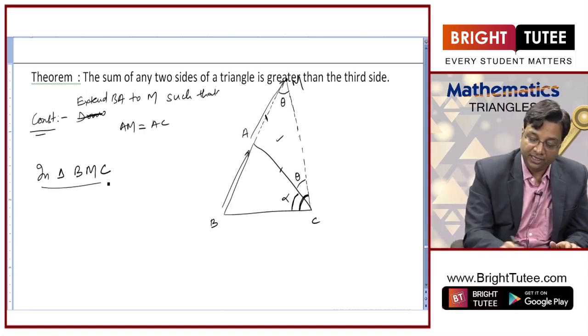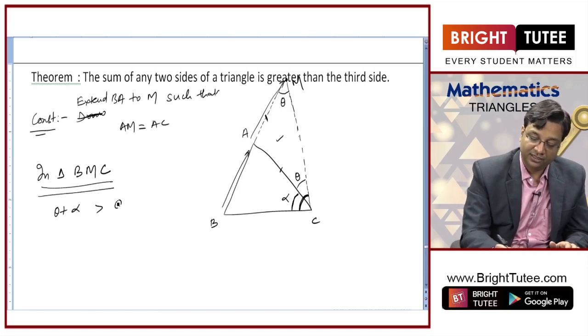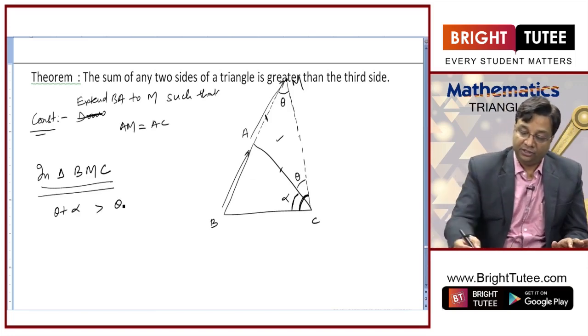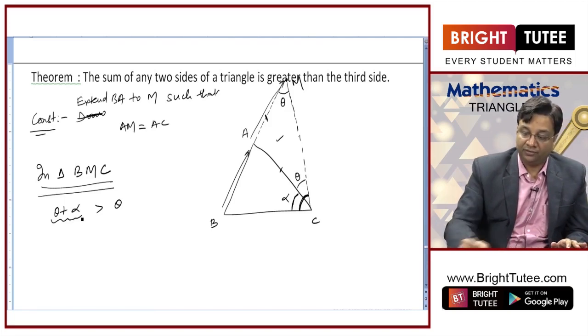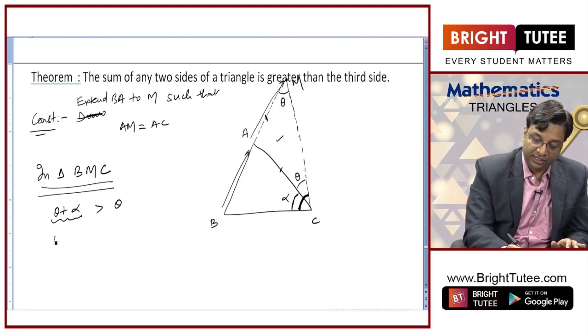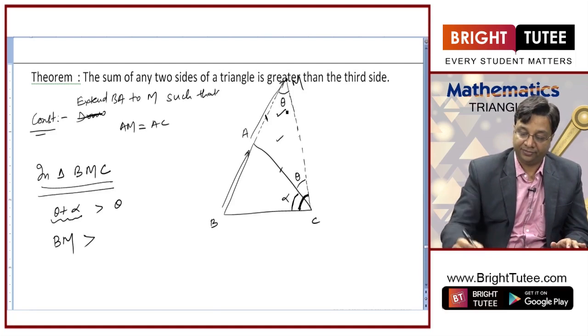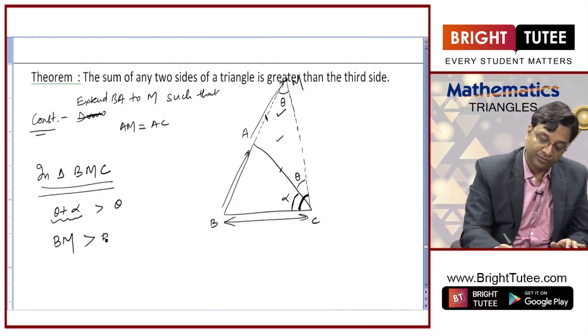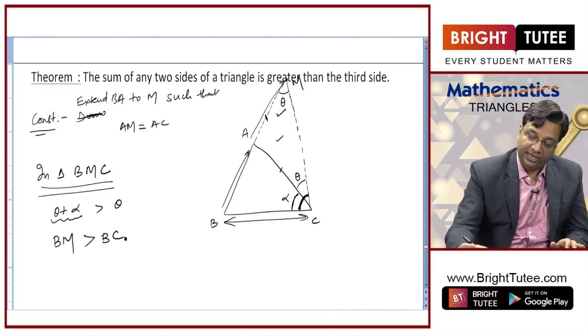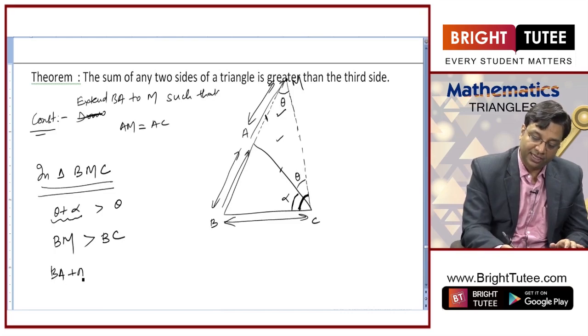Now in triangle BMC, we can say that theta plus alpha is obviously greater than theta, right? So the side opposite to this angle C, which is theta plus alpha, that is side BM, is greater than the side opposite to this angle theta, which is side BC. So BM is greater than BC, and you would appreciate that BM is the sum of BA and AM. So BA plus AM is greater than BC.